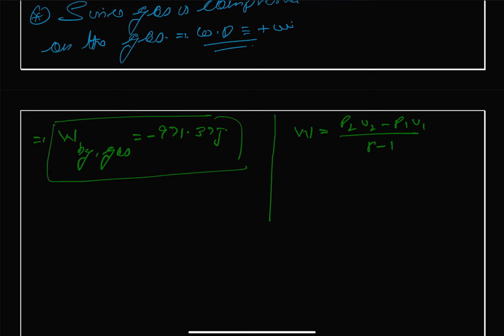This also is going to result in the same answer. This is also called a work integral. So you can use this formula, or we can use the first law of thermodynamics.